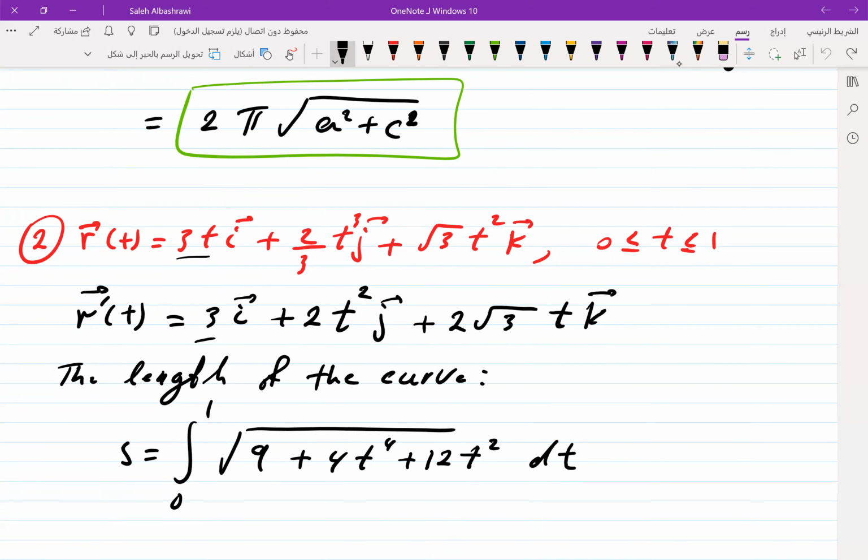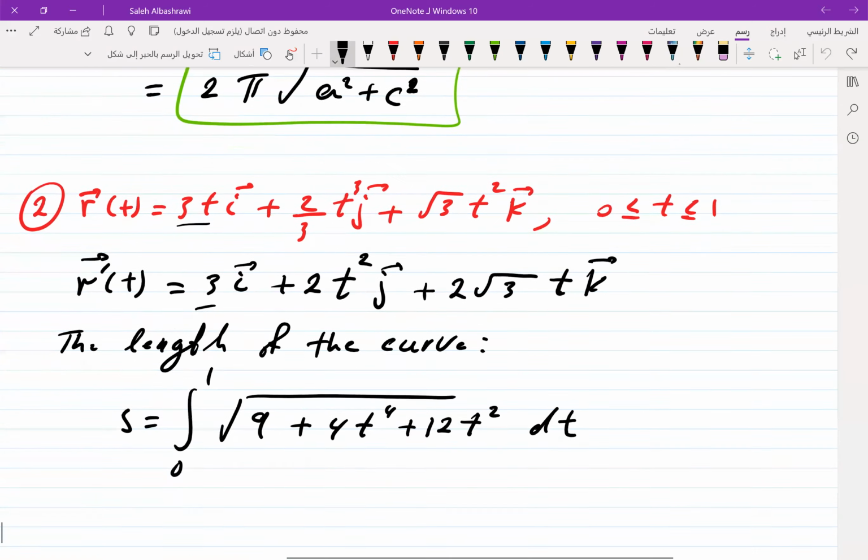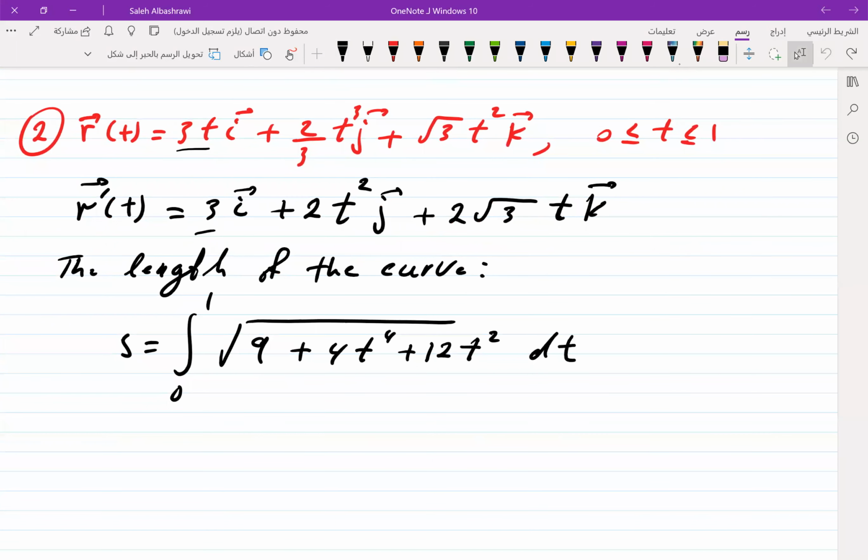So I need to find the integration of this function: the square root of 9 plus 4t to the power 4 plus 12t to the power 2, from 0 to 1.